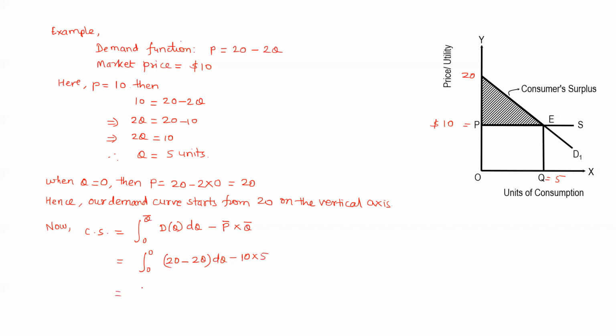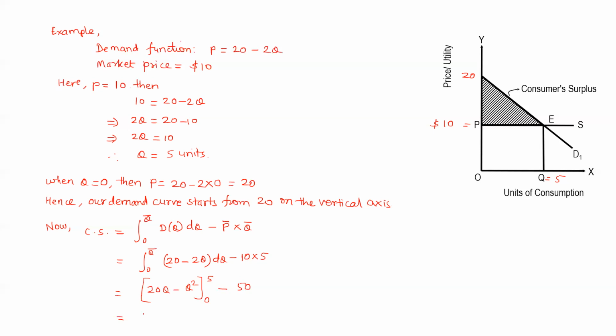Now this can be written as 20Q minus, when we solve this, Q square, where the lower limit is 0 and the upper limit is Q bar, which is 5, minus 50. Now plug in the value.